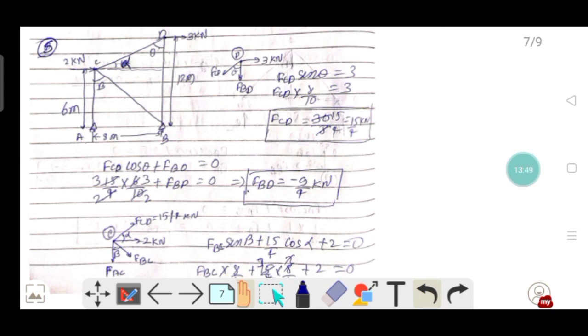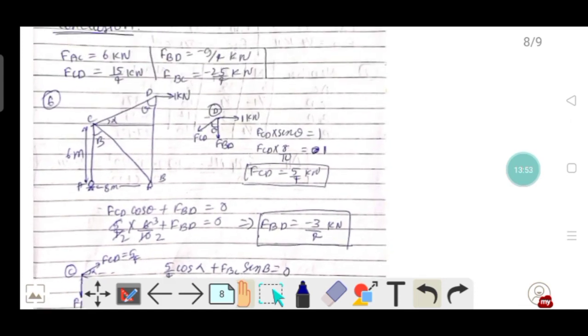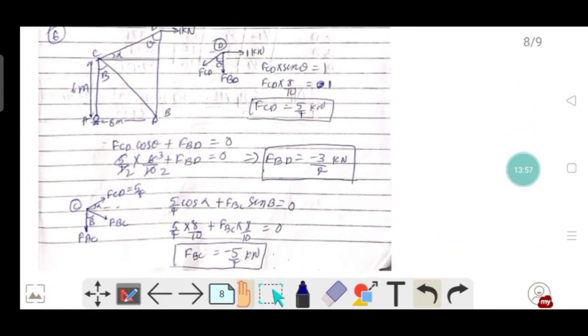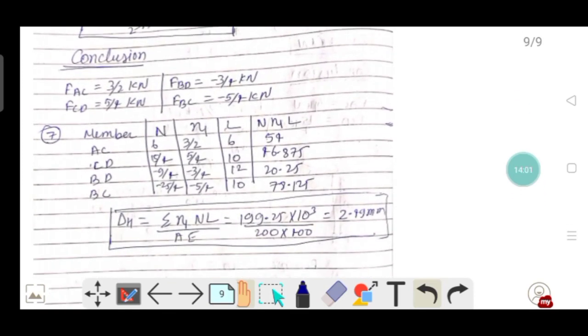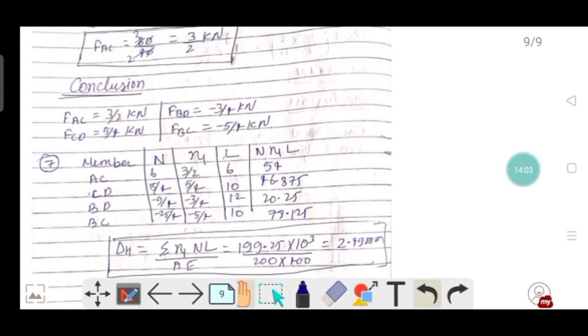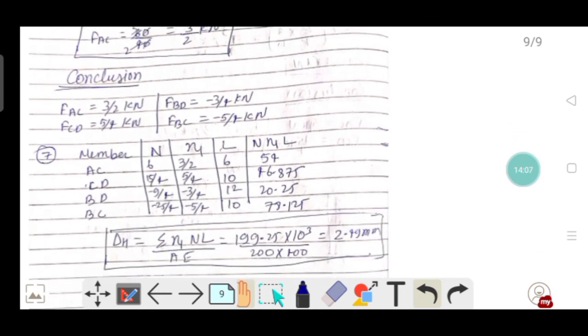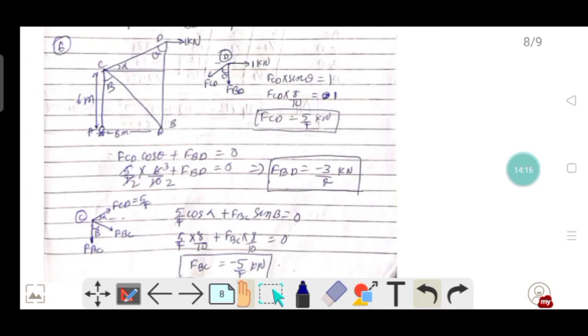So this is question number 5. Then this is question number 6. You can see if you want to see. This is question number 6, and this is the conclusion. It means the member forces due to unit load. And here is question number 7, in which we have to find the horizontal deflection.